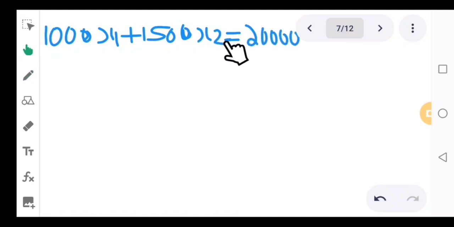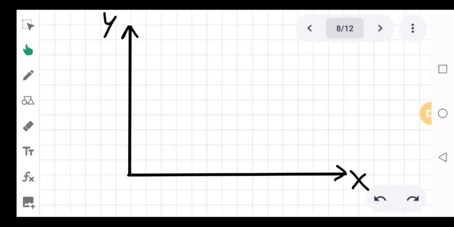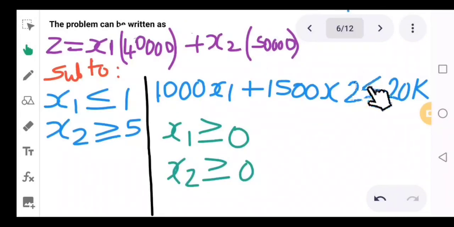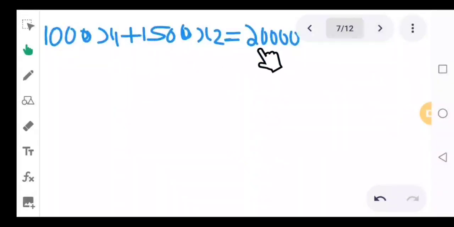We have written it as equal to because we are going to draw a graph and find points that we can plot in this graph. For that purpose, I need a linear equation. That's why I am replacing the less than or equal to sign with an equal to sign, just for solving this.